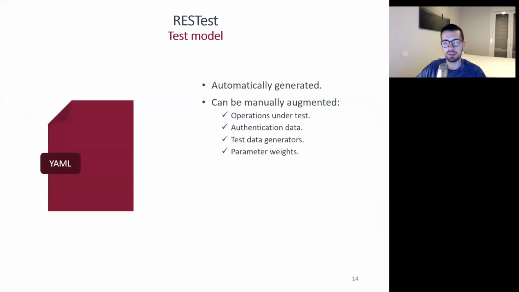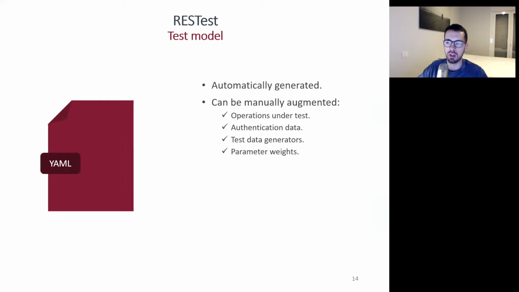Now, a few details. The test model, as I said, is automatically generated, but it can be manually augmented to tailor the testing process. So you can define the operations under test. You can also include authentication data like API keys. You can use custom test data generators for specific parameters, which may need very specific input data. Imagine, for example, the YouTube API.